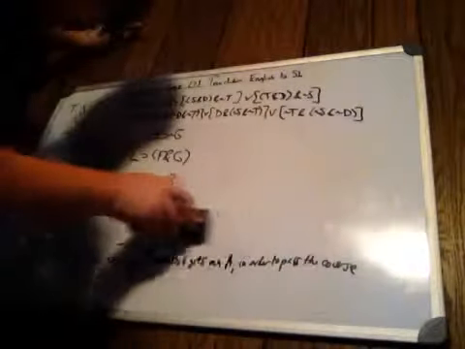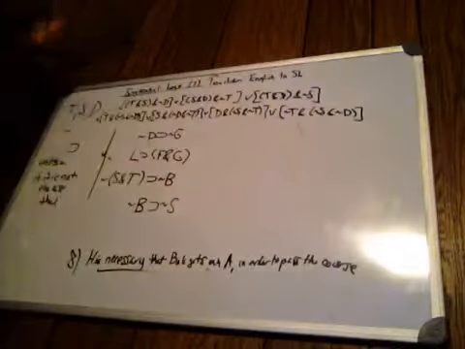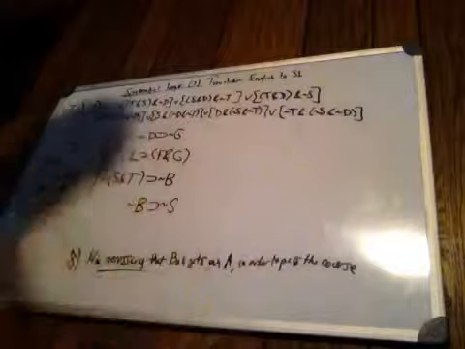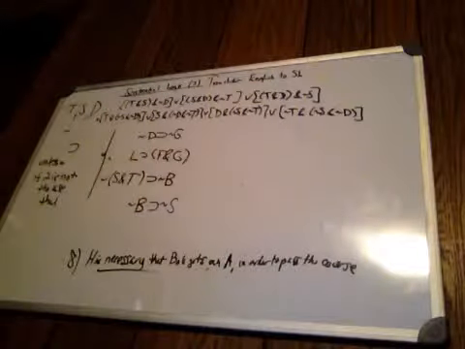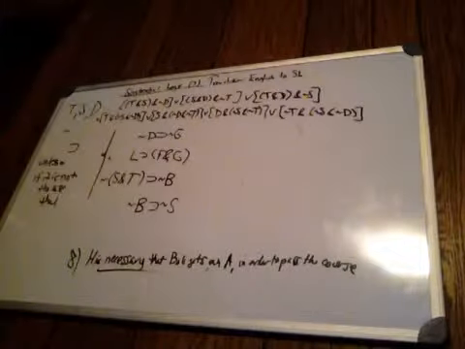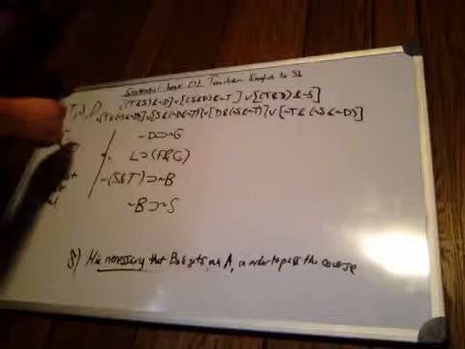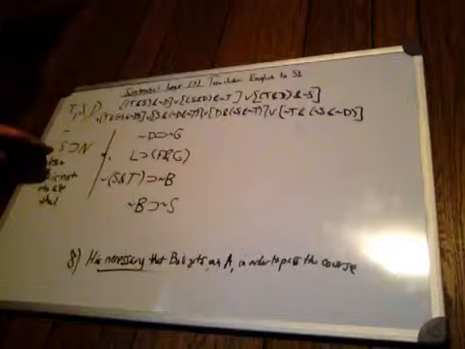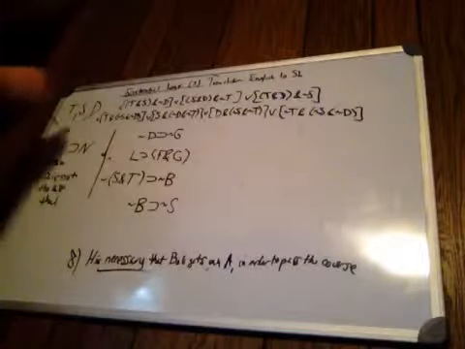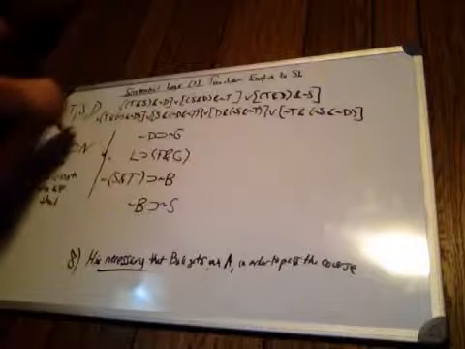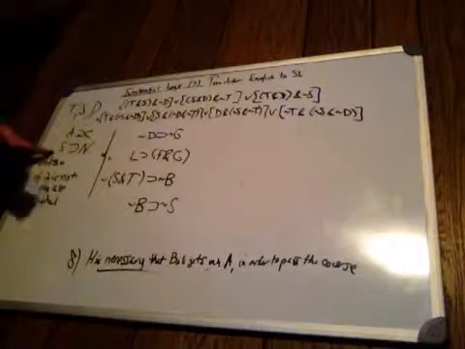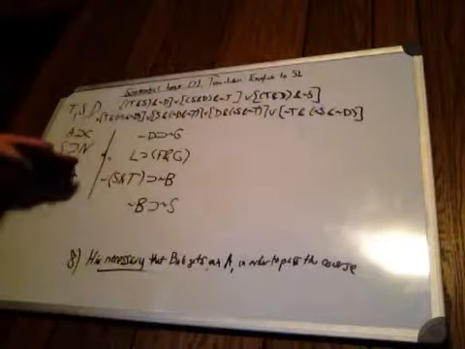Now, finally, number 8. It is necessary that Bob gets an A in order to pass the course. Again, recall this little formulation: sufficient and necessary conditions. The antecedent has to do with the sufficient condition, and the necessary has to do with the consequent.